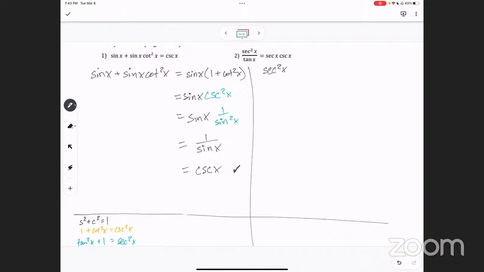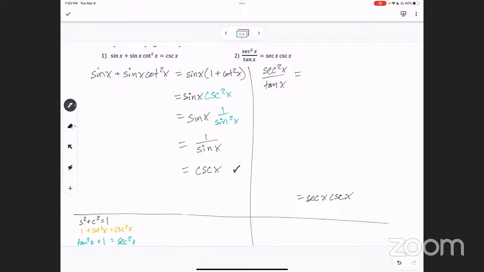Good job. All right, let's try this one. Secant squared over tangent, and we want it to equal secant times cosecant. What should we do? Any ideas? Don't you have to use decomposition on it?